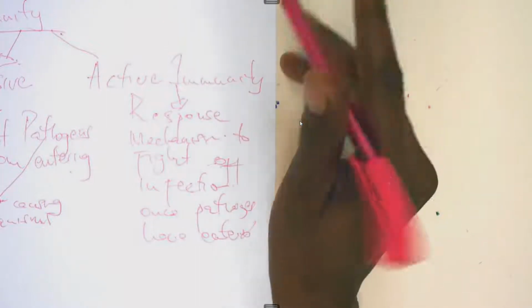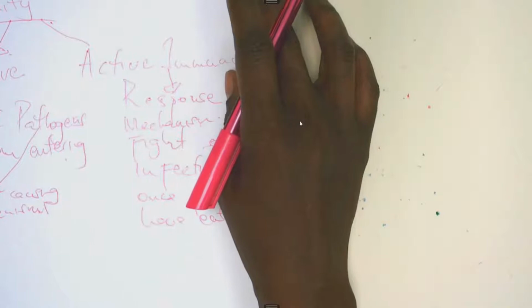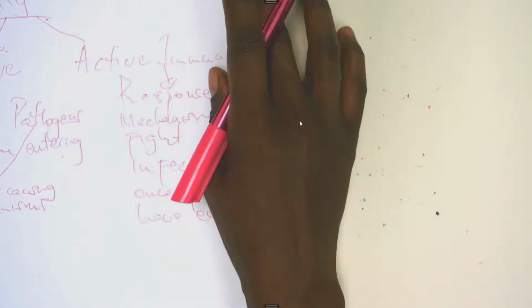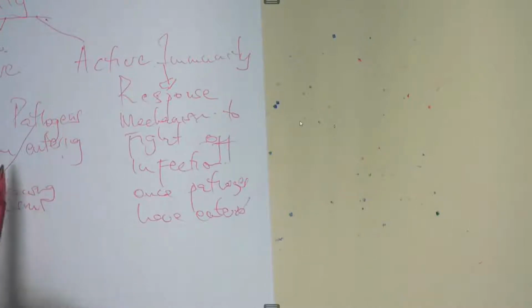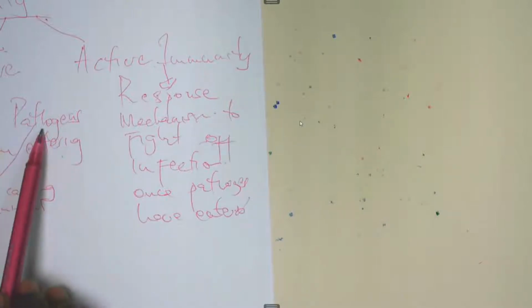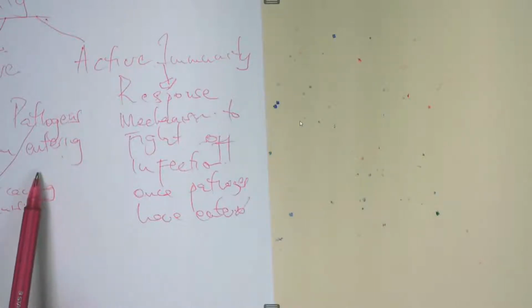So that is active immunity. So let us look at passive immunity. This is the mechanism that prevents the pathogens, these microorganisms or disease-causing organisms, from entering our bodies.